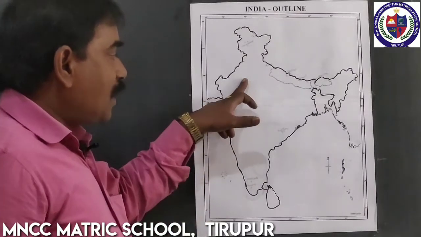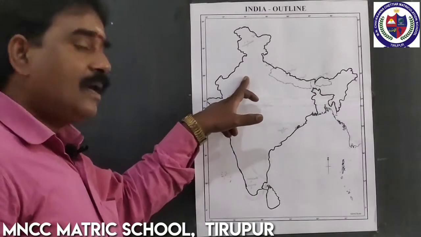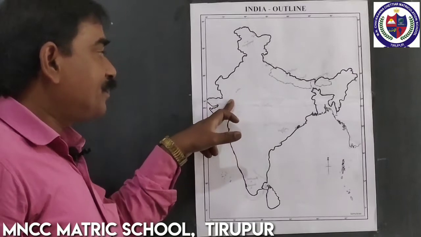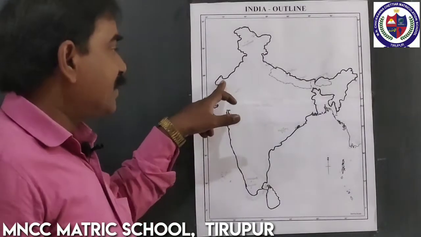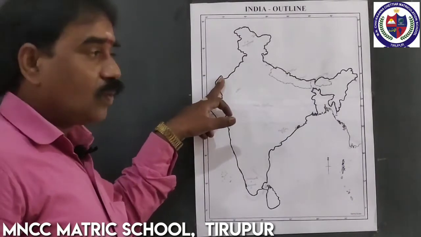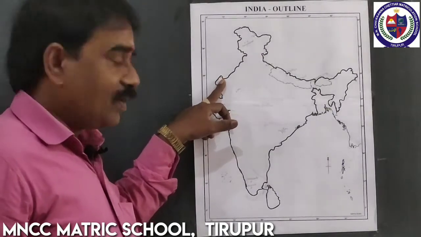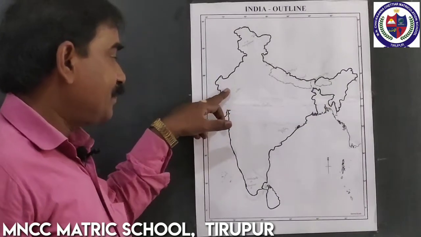This is Aravalli range of mountains. Then in India there is only one desert, that is Thar Desert. This area receives only below 25 centimeter rainfall per year. This is Thar Desert.